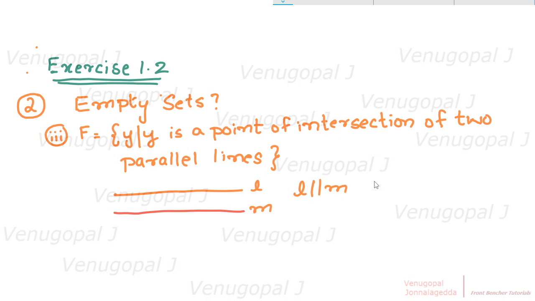It returns no intersection value, so this particular set is an empty set. So our third question is an empty set.